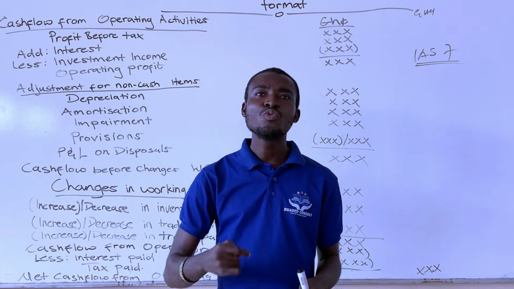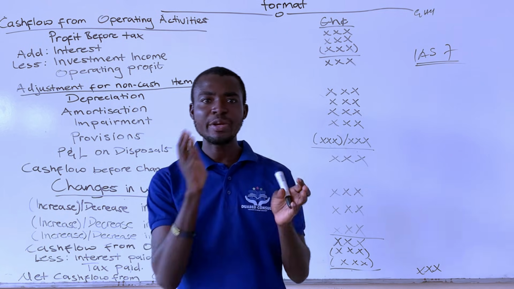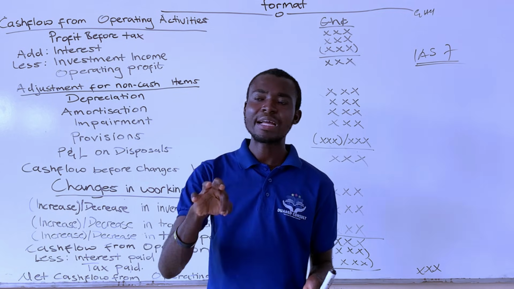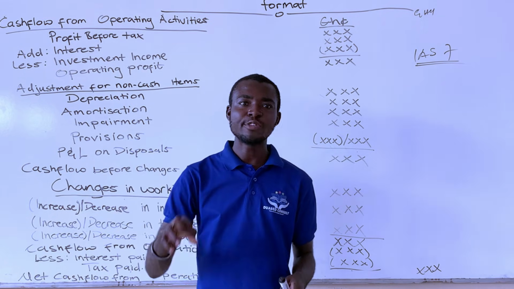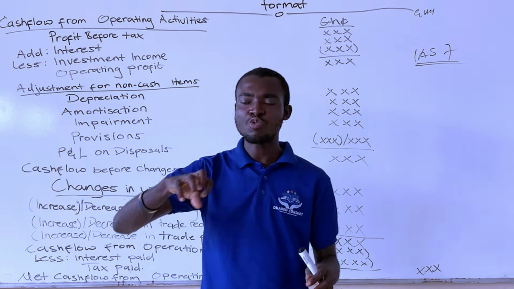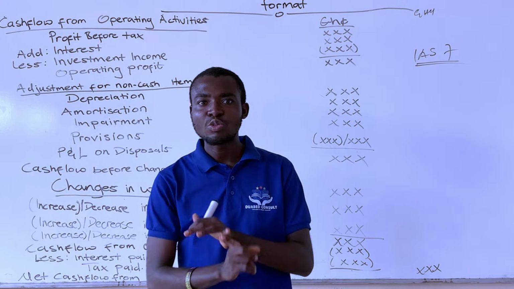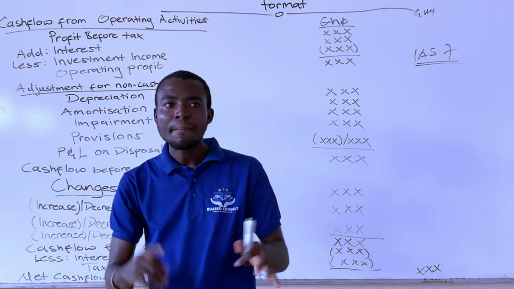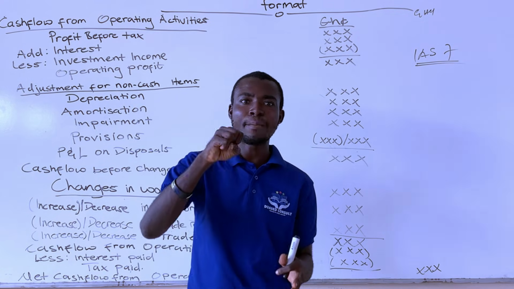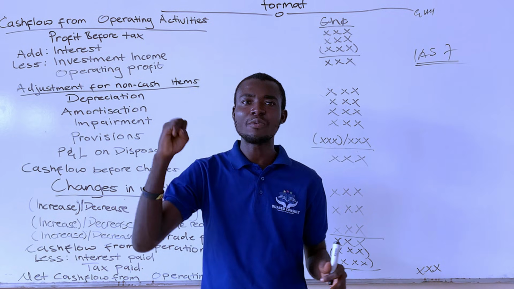But we do a calculation to see whether we have made profits on that particular asset or losses. The profit will be the difference between the cost at which we bought the asset and the total depreciation that we have charged on that asset, plus the proceeds, which is the amount that we receive from the disposal of the asset.